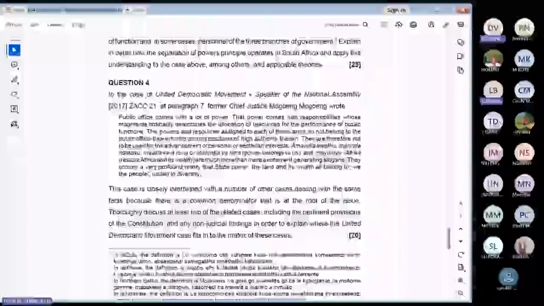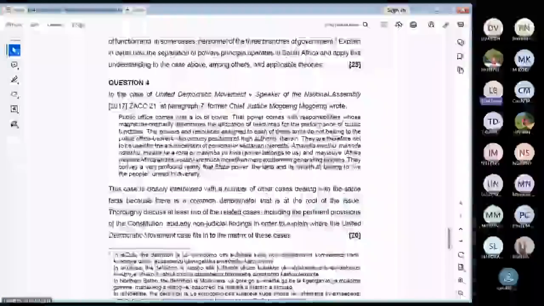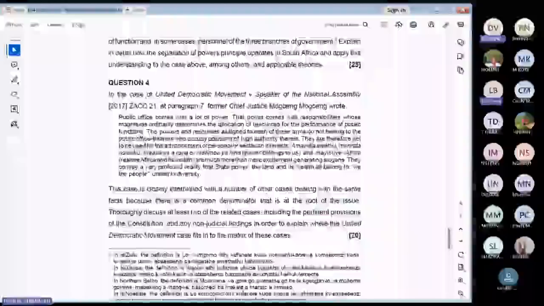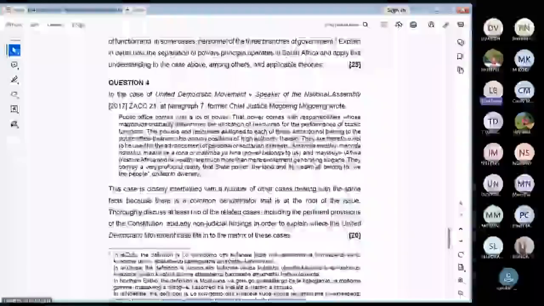Sure, and you got the subsection. Yeah, the vested power is to investigate and to report any alleged improper conduct in the state's affairs, so referring to section 182.